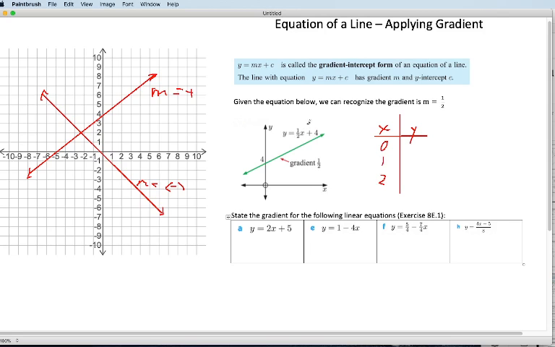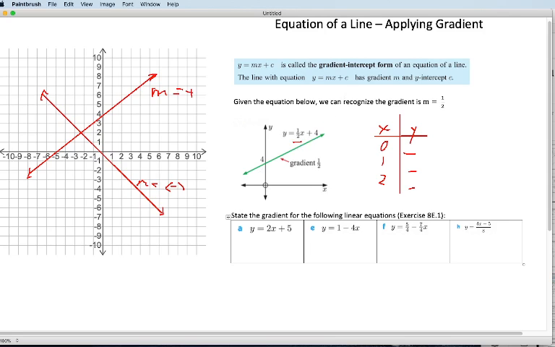And you put it into this equation and read off your values of y. Now, we don't have to go through this because, first of all, we know the gradient is the number in front of the x. So in this case, the gradient is 1/2 for this line.